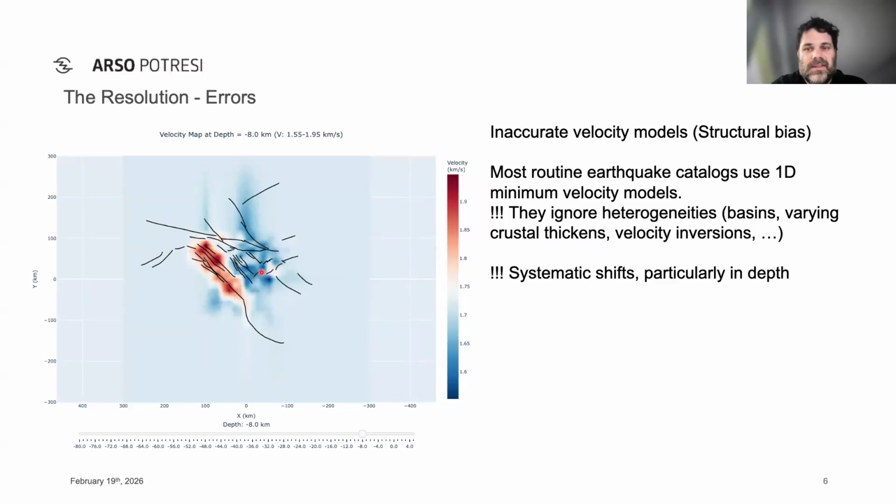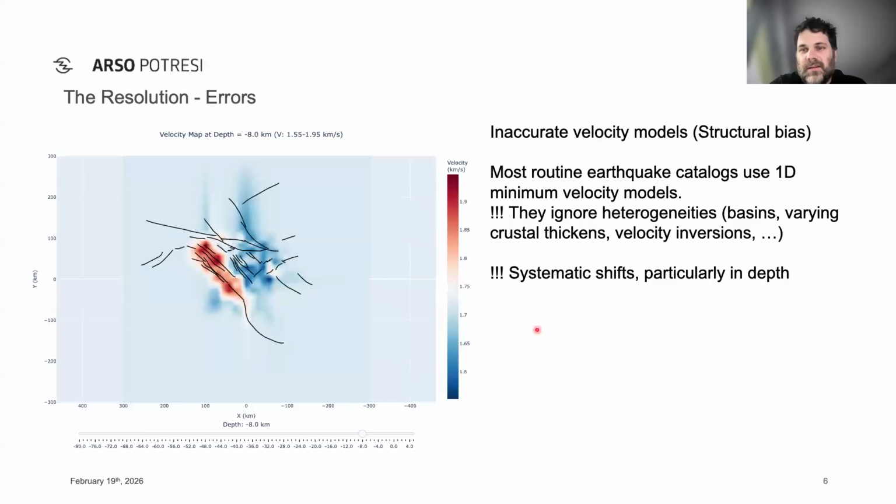As you can see here on this image, this is a region of Slovenia, and if we use a 1D velocity model, we will get big errors, because you can see that on the western side, velocities are much higher than on the eastern side of Slovenia. If we don't use the 3D velocity model, our estimations are much worse.